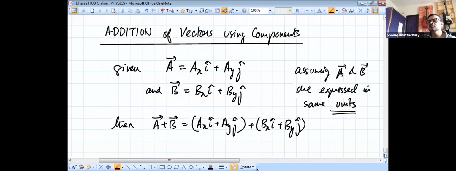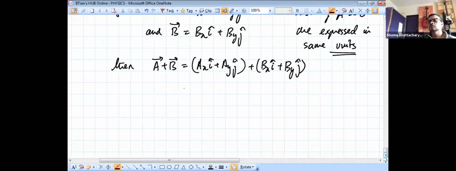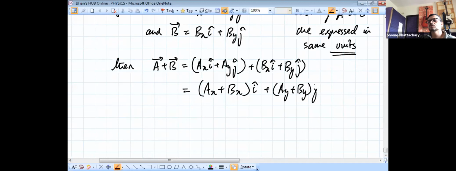So further in this we will use a common algebra kind of concept: we can take i cap common, do this, and similarly we can take j cap common and do this. Okay. So this becomes our answer.